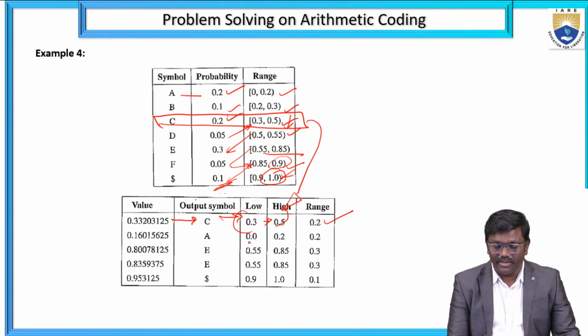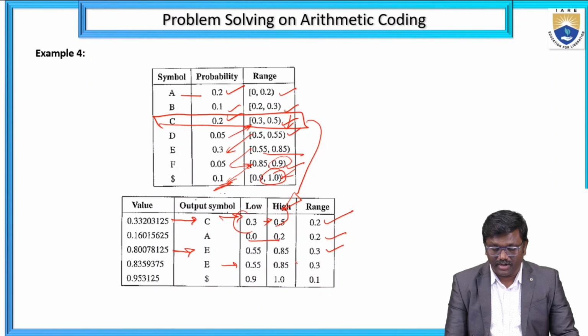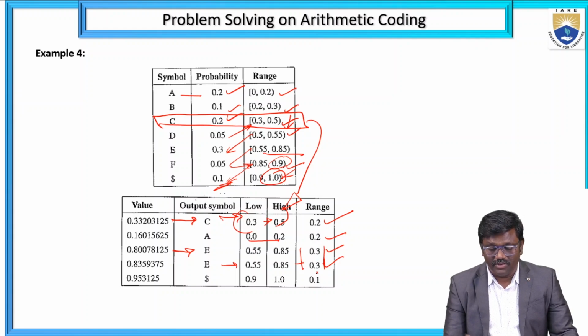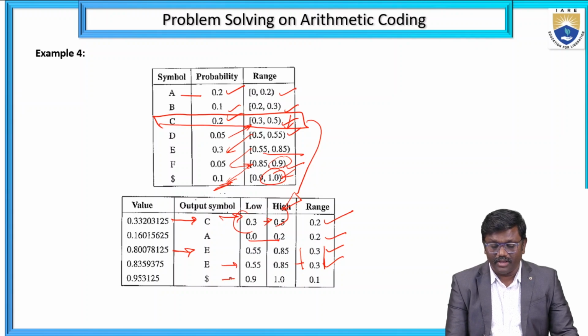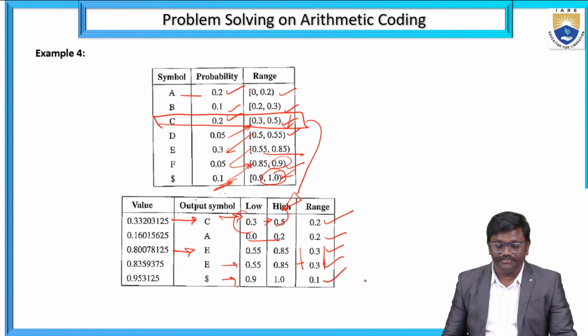Similarly, A will be here and 0.2 will come, and this is the value given for E, and we'll get the range 0.3. There is a slight change, but the range will be in between. Even with small changes, nothing changes. E will be 0.3 only. The dollar symbol's final value will be 1.